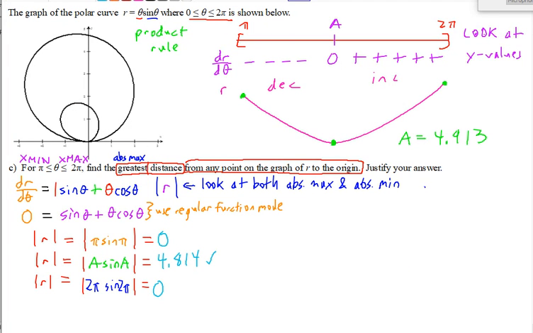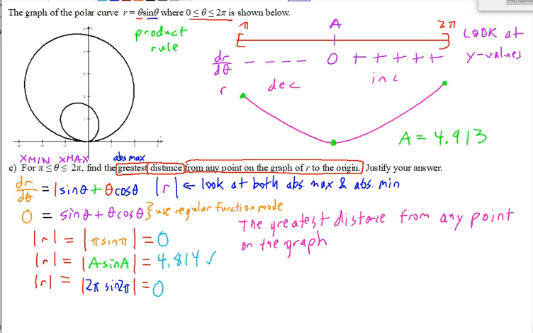So let's write our answer and then justify it. So we can say the greatest distance from any point on the graph to the origin is 4.814.